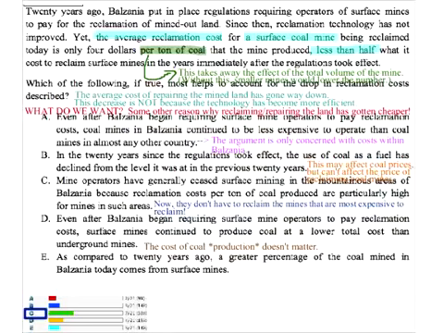So there's not even a relationship there. If the cost of producing coal goes up or down or whatever, that doesn't affect the cost of fixing the land when you're done. And then "as compared to 20 years ago, a greater percentage of the coal," this is irrelevant to reclamation costs.